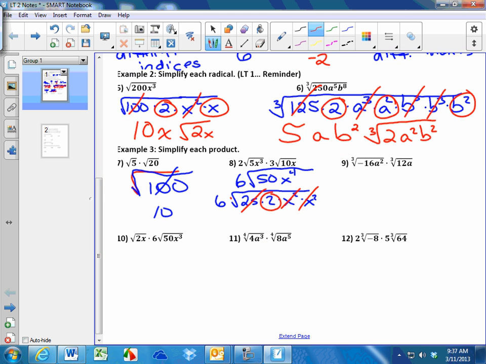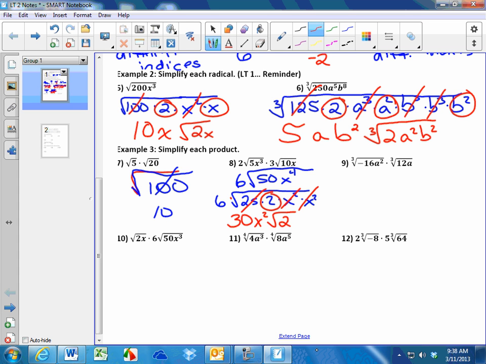This is 6 times a square root, so it becomes 6 times the square root of 25, so it becomes 6 times 5. So we get 30. And then we've got square root of x squared and square root of 2, so x squared and square root of 2. Final answer. Do we need absolute values? Definitely not when it's an x squared answer, right?